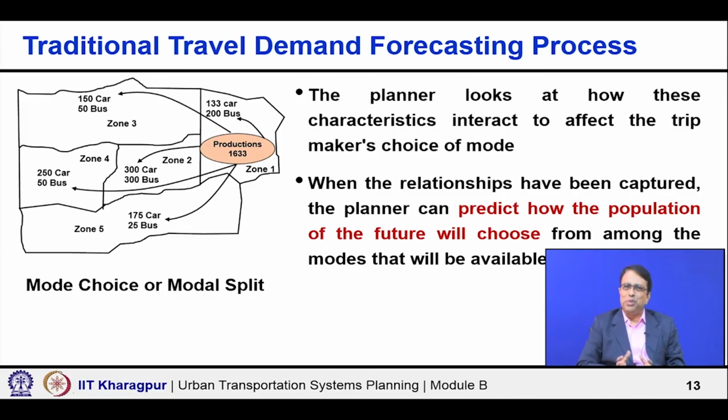So, the person trips are actually getting translated into vehicular trips. Okay. So, when the relationship has been captured, that is, how the choice decision is made, the planner can predict how the population in future will choose among the modes that are likely to be available.